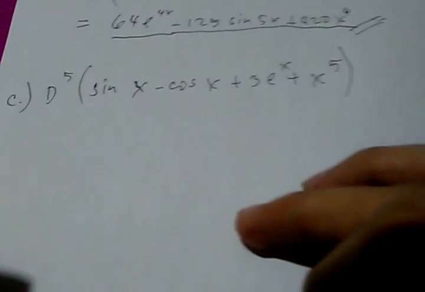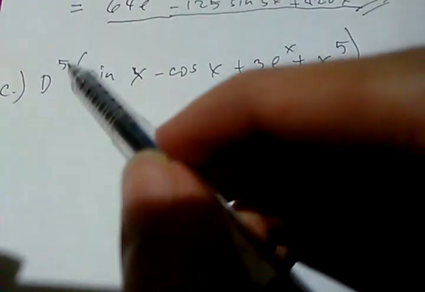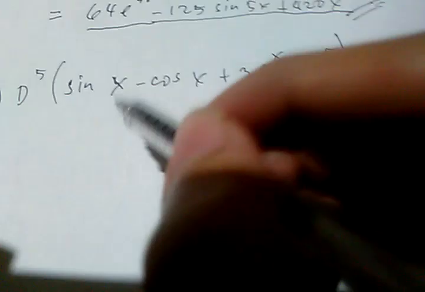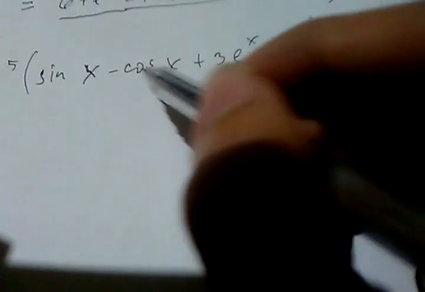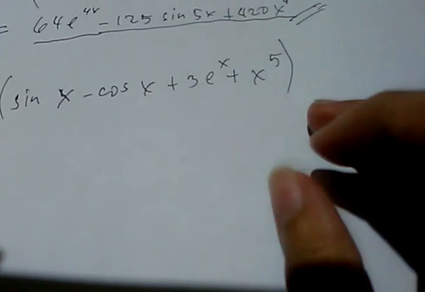So let's have the last example, d raised to 5. Step 2, solve this derivative given: d5 of sine of x minus cosine x plus 3e raised to x plus x raised to 5.